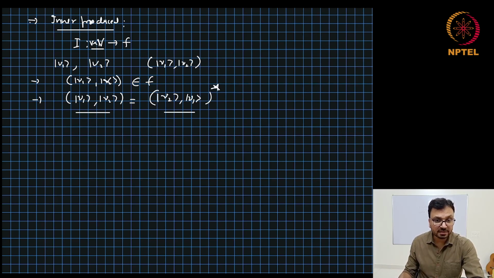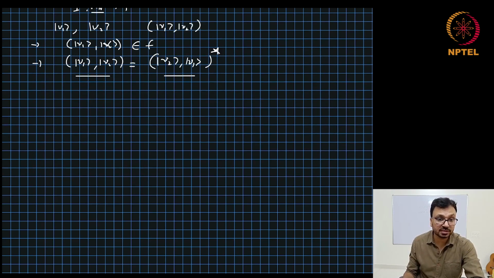Typically the kind of vectors we are interested in, the field is complex, so it will be a complex conjugate. So the inner product of two vectors will give some complex number, and the inner product of the same two vectors in the reverse order will give the complex conjugate of the same number.